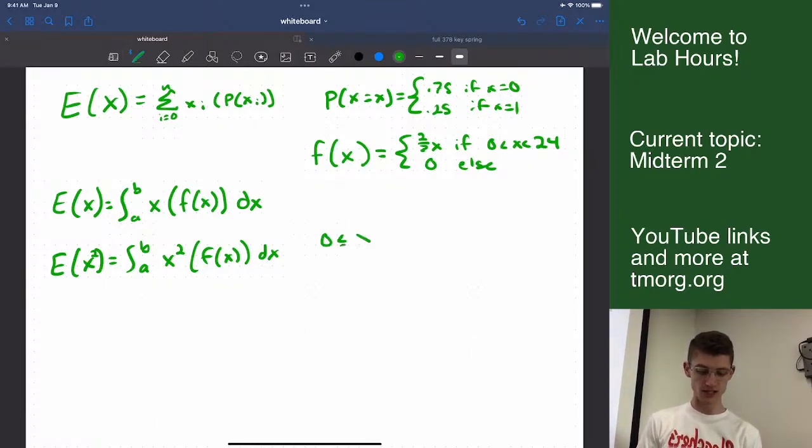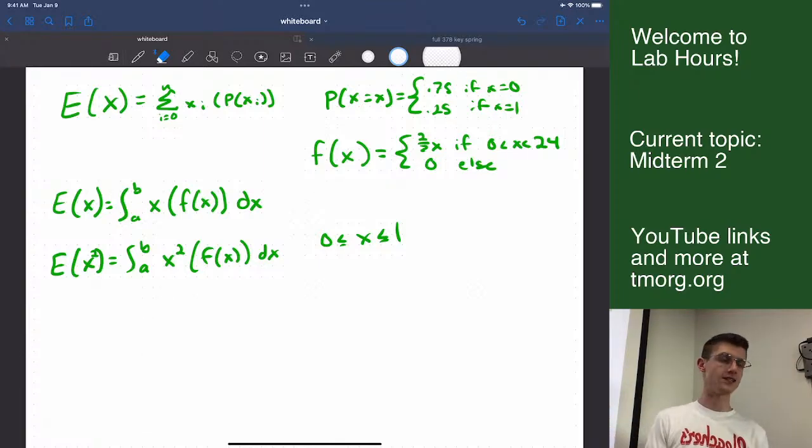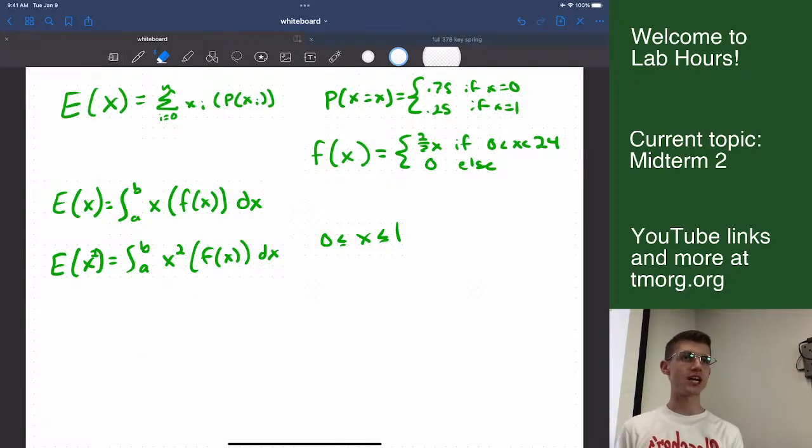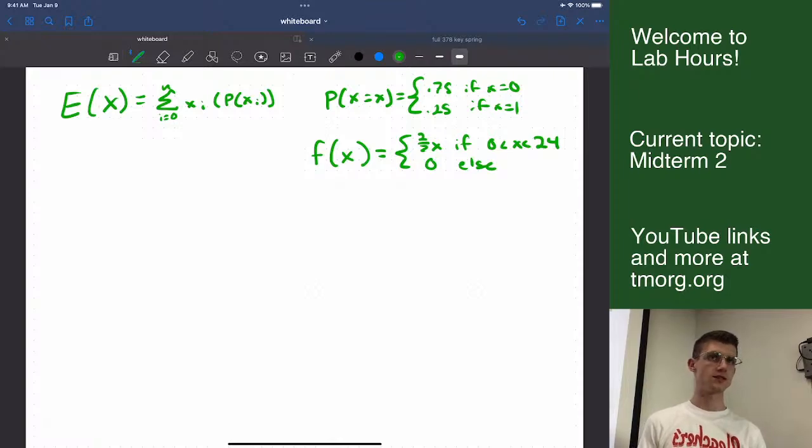You know, 0 is less than or equal to x, which is less than or equal to 1, or something like that, right? The same is true of variance, but you use E of X and E of X squared for variance, so you can pretty much get it from there, right? The basic point of this early thing, passing E's and B's through, is that now we're dealing with functions, okay?